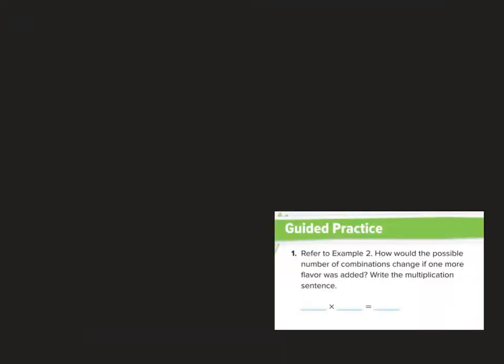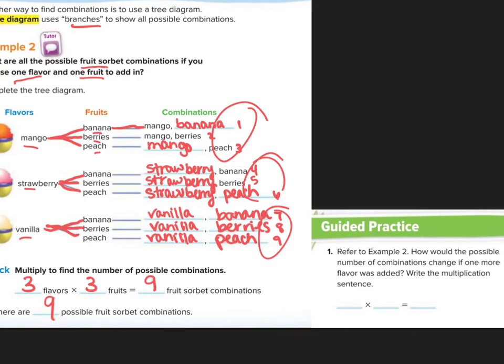Okay, so here it says refer to example 2. How would the possible number of combinations change if one more flavor was added? Let me pull that up quick. Okay, I pulled it over here. So instead of 3 flavors, what if we had 4 flavors?